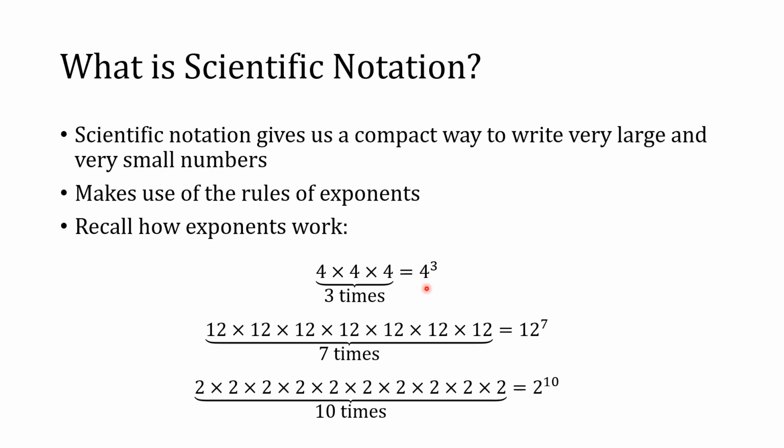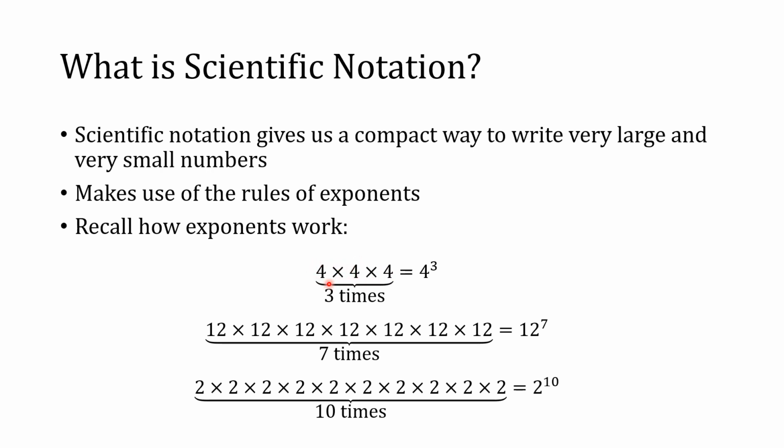So here's how exponents work, basically. You guys should remember this, but it's the beginning of the school year, so let's get those brain juices flowing again. Basically, we've got the same number multiplied by itself some number of times. In this case, with 4 times 4 times 4, we've got a total of 3 fours, 3 instances of the number 4 being multiplied together. When we write that down with an exponent, the big number is the number that's being multiplied together.